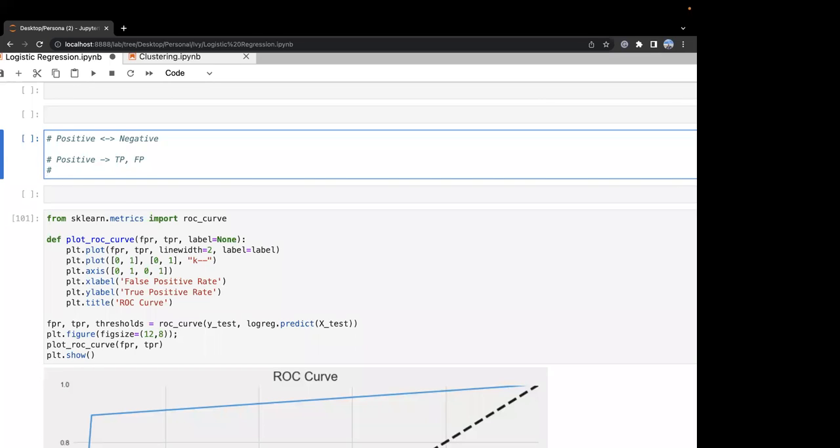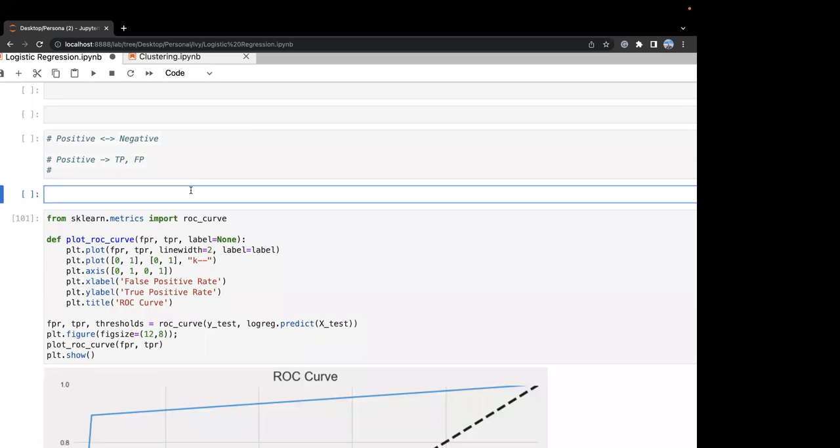Okay, look at what we discussed. There is this space, then there is this space. What comes here, positive or negative? Right, this is the predicted part. You can either predict positive or predict negative. This is the comparison part with reality.